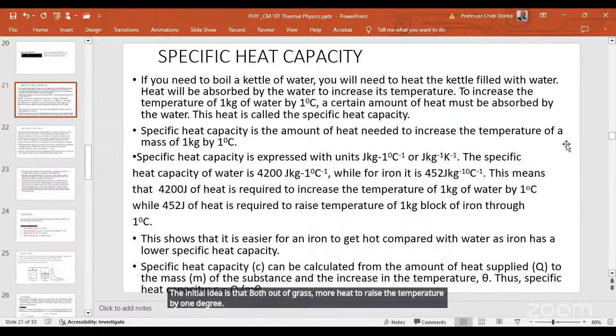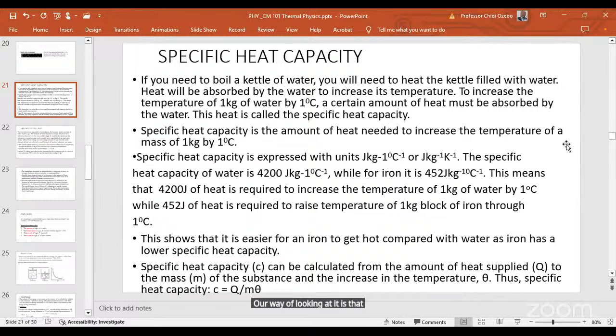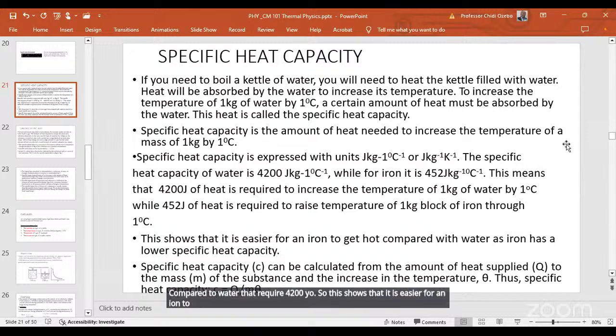Another way of looking at it is that iron is a better conductor of heat. So it will require just 452 joule compared to water that requires 4,200 joule. So this shows that it is easier for iron to get hot, as I said, compared with water.